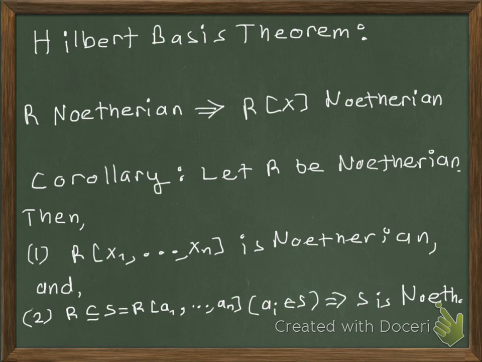That's easy because there's an obvious evaluation map from this ring, R[x1, x2, ..., xn], onto the ring S. It takes every polynomial f and maps it to the value of the polynomial at the tuple a1, a2, ..., an. That's a ring epimorphism between these two rings, and Noetherianity is invariant under ring epimorphisms. So, number 2 follows.